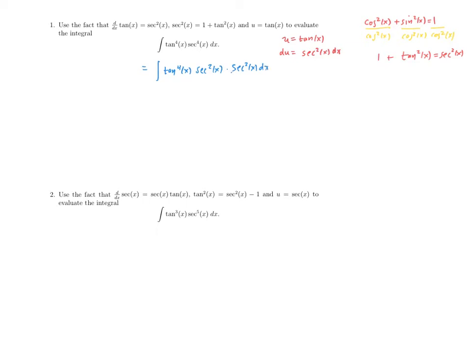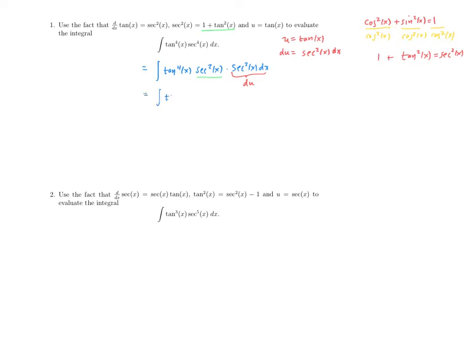The secant squared x dx is going to play the role of our du. So every other term has to be written so that it only involves tangents so that we can make the desired substitution. But note, along with the hint is the reminder of this Pythagorean identity. We can rewrite the secant squared as 1 plus tangent squared. And once we do that, we will be able to make the desired substitution.